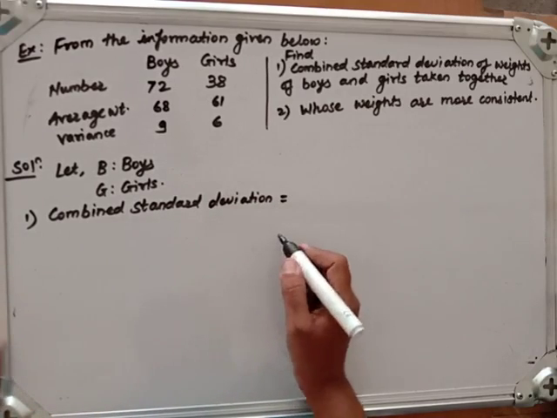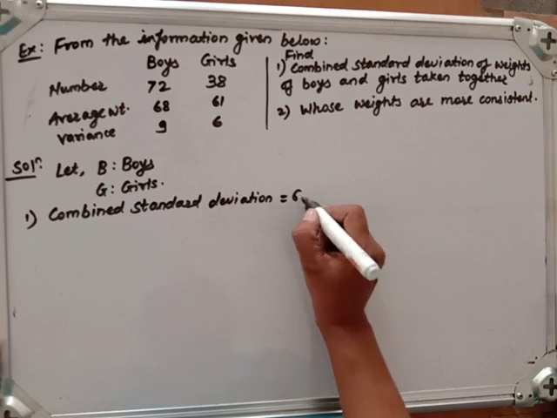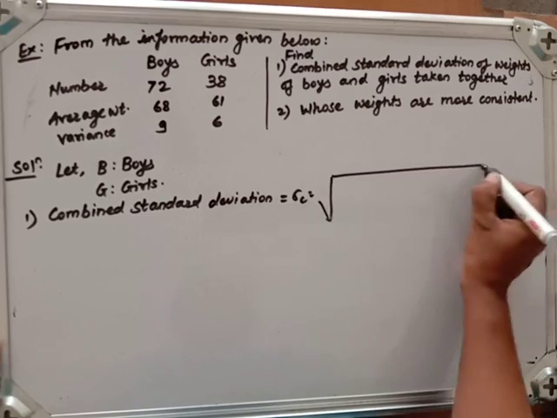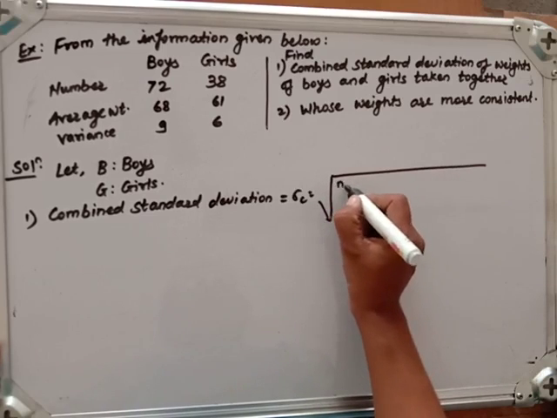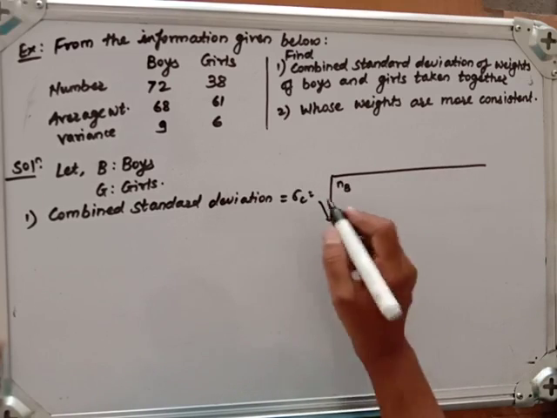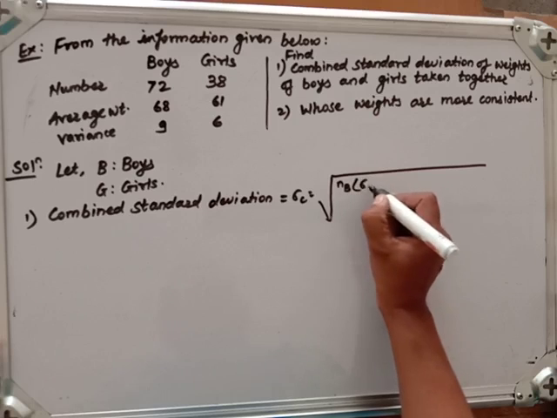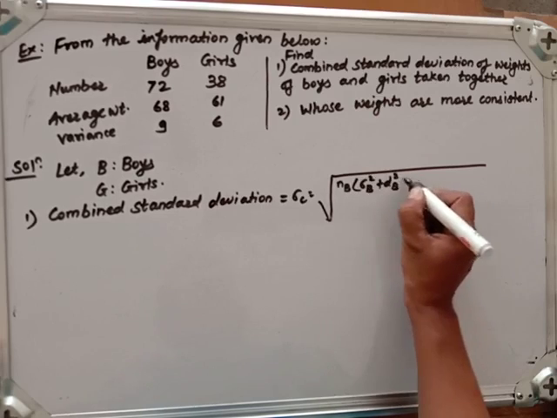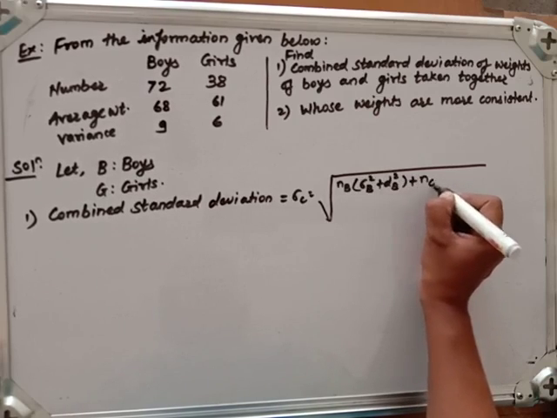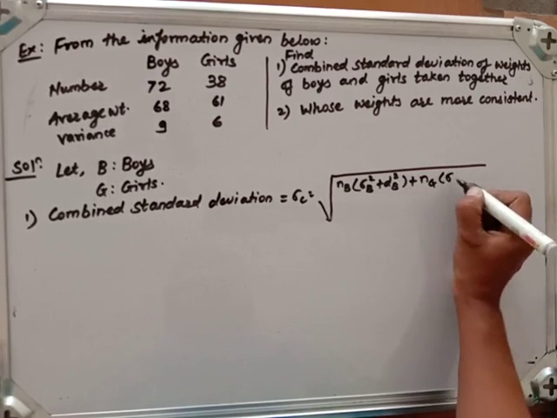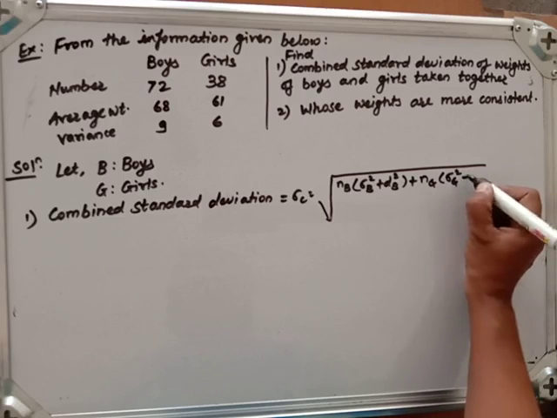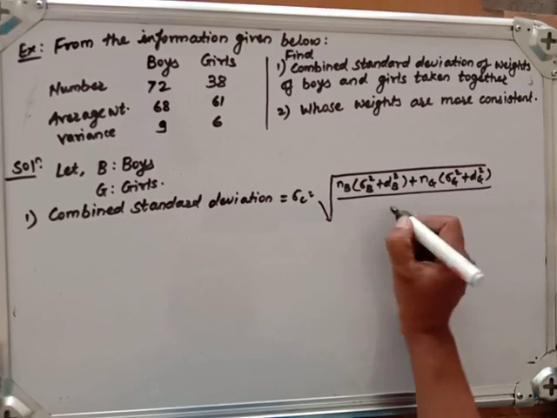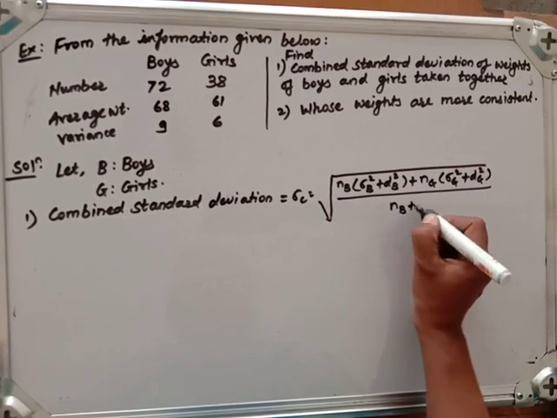The combined standard deviation sigma C is the root of NB, that is the number of boys, times sigma B square plus DB square, plus NG times sigma G square plus DG square, upon NB plus NG.